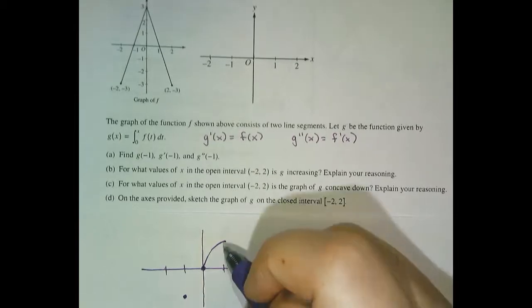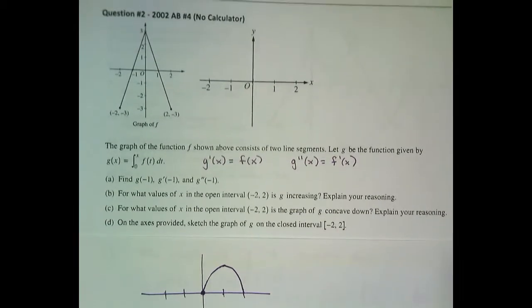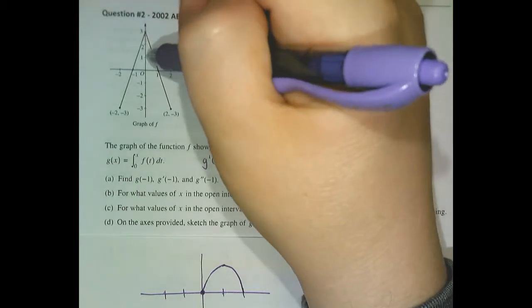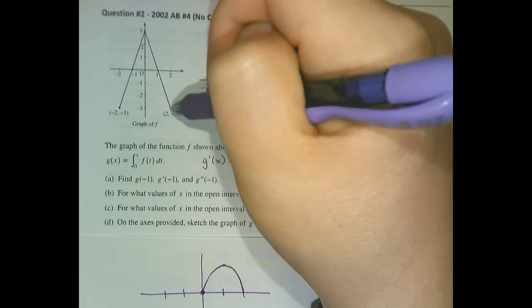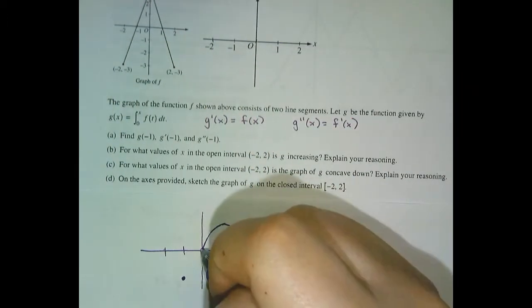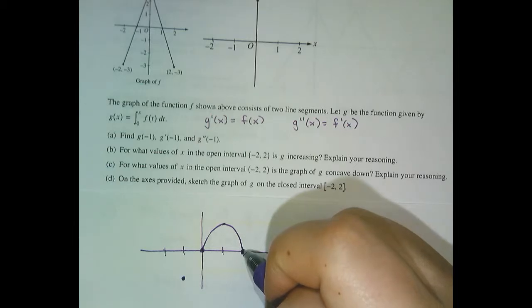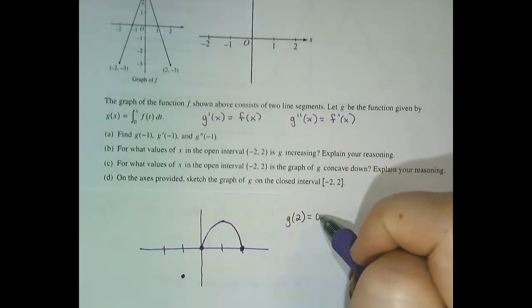So decreasing and concave down. Furthermore, because the area of this triangle and the area of this triangle are equivalent, we will return back to the same g value. In other words, g of 2 is equal to 0.